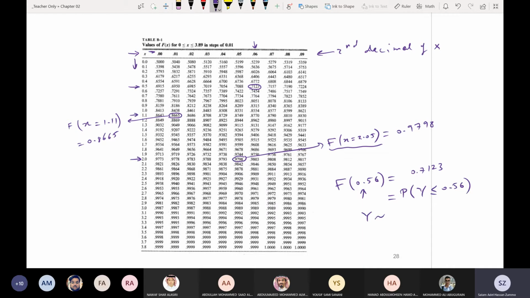Y is a normal distribution with zero mean and variance equal to 1. Clear? So if I have a zero mean and variance equal to 1, then the probability that this random variable y is less than 0.56 equals 0.7123. Clear?